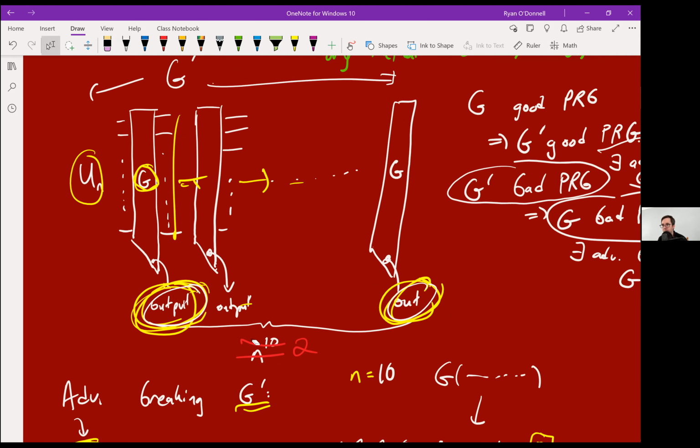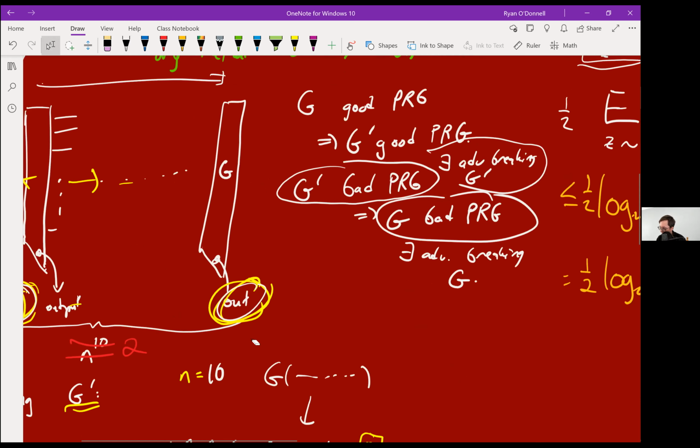That it's indistinguishable by a poly time algorithm from some uniform distribution. What was the sketch of what we were doing? How does being able to break G relate to the final thing? What was the sequence of steps in the proof?